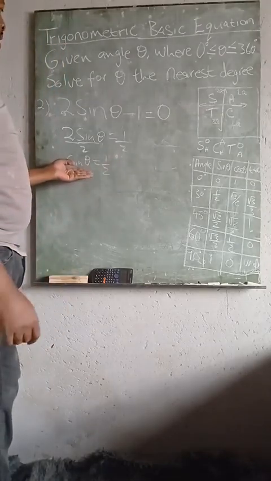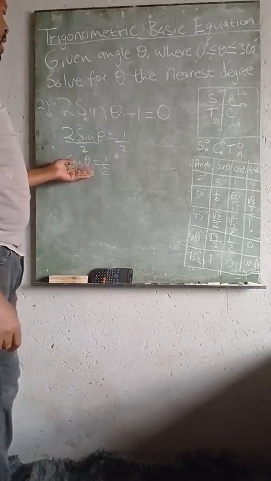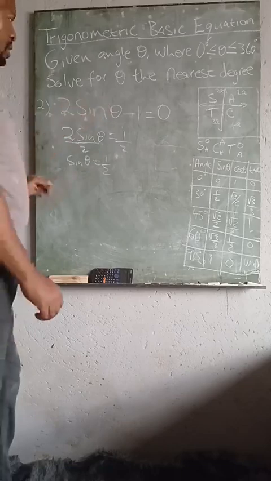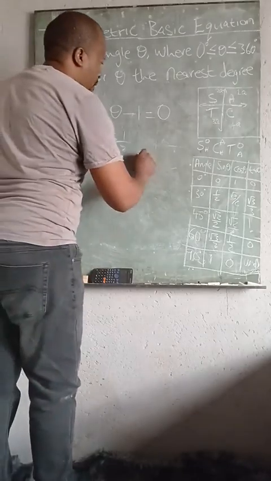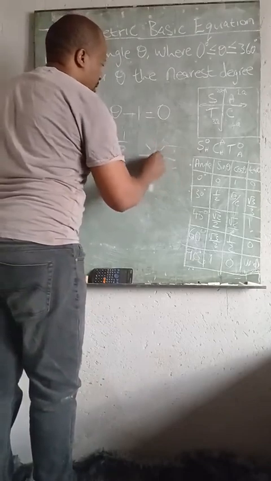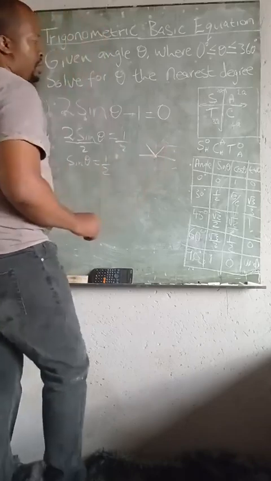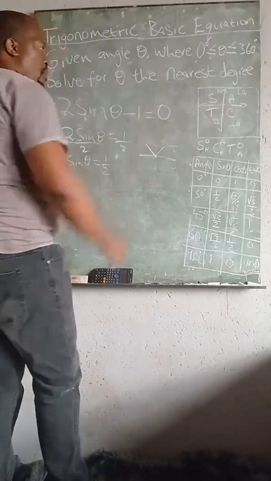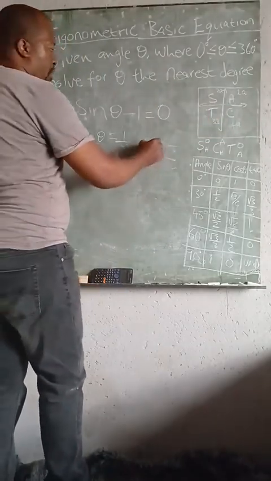So which quadrants is sine theta positive? Sine is positive. So we have this acute, which is first quadrant and second quadrant according to CAST. This is where we find our acute.